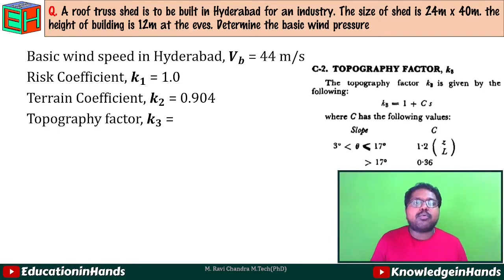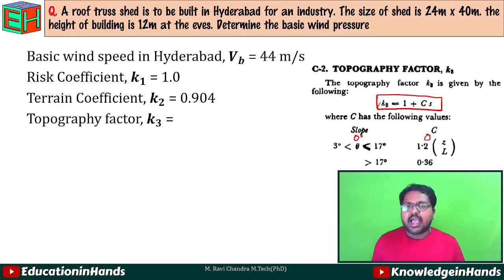There the topographic factor K3 is given by the following formula: K3 equals 1 plus CS, where C is the slope factor. For a 0 degree angle the value is 0, but if the angle is from 3 to 17 degrees we need to use the formula 1.2 into Z by L, and if it is greater than 17 degrees we need to use the value of 0.36.